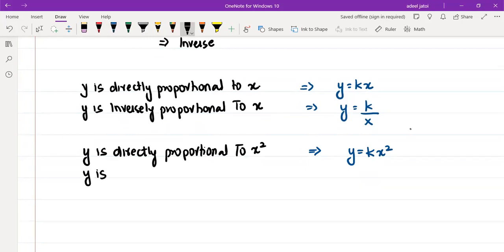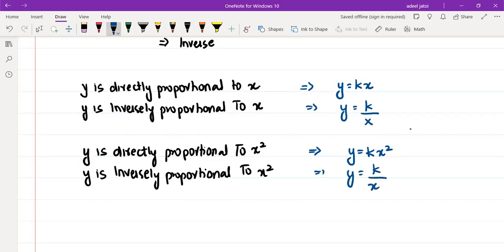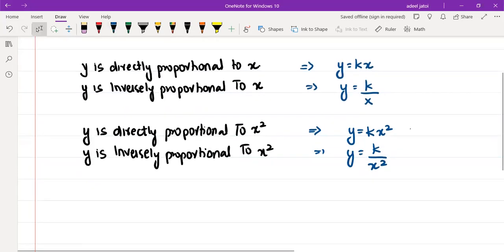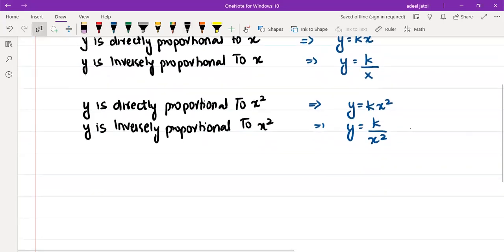We can also have y is inversely proportional to x square. Your formula will be y is equal to k upon x square. There's another type of formula that the examiner can test us.